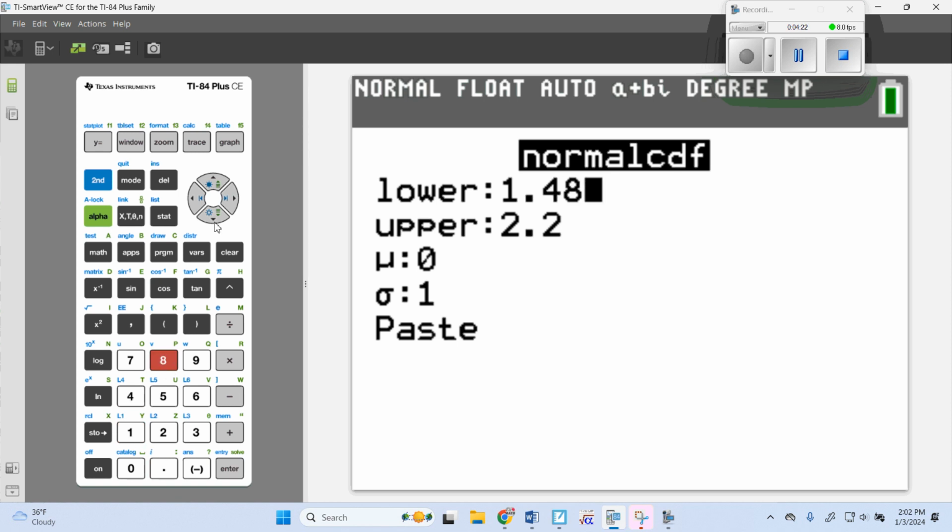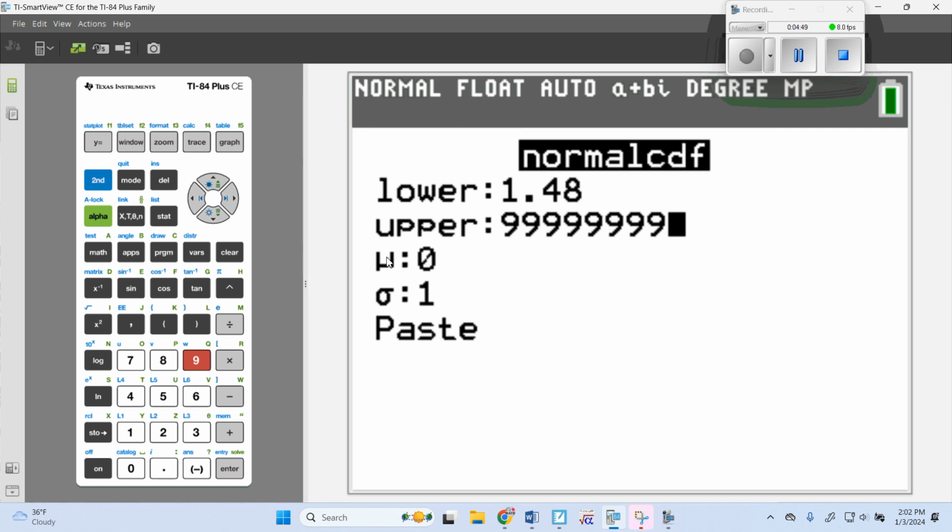To put in an upper value, we're just going to put in a really big number, a whole bunch of 9s. How many? It doesn't matter. I don't want to just put in 99, because if we're looking at a problem where everything's in the hundred thousands or 10,000s, you want to put in a whole bunch of 9s, much more than every other number in the problem. Here, 1.48, this is much bigger.